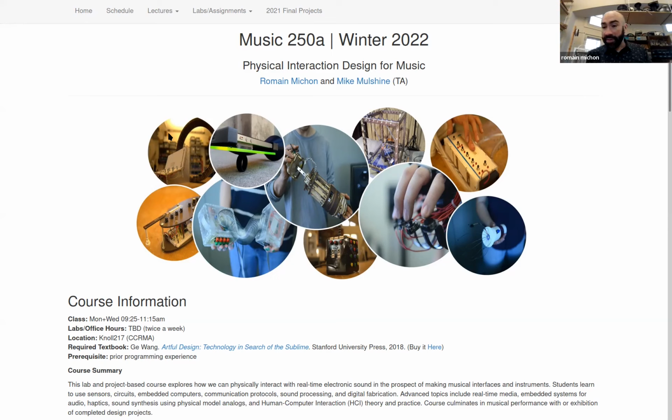Also, I have some good news because there is something that was completely unexpected: all students in Music 250A will get their own 3D printer, and Stanford will just pay for it. So thanks, Stanford. This is part of the P3D program that was started last year when the pandemic happened.